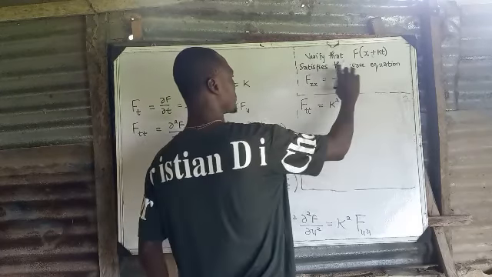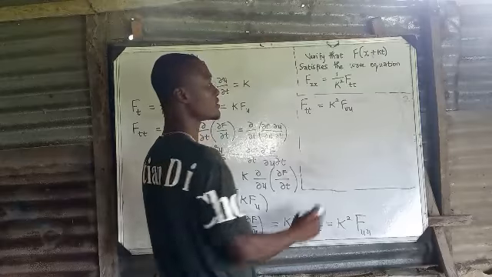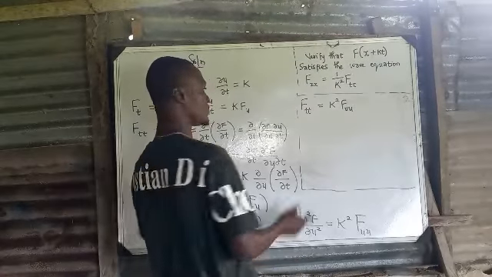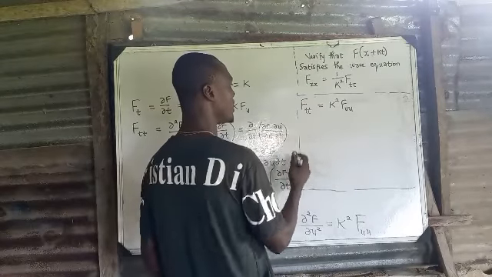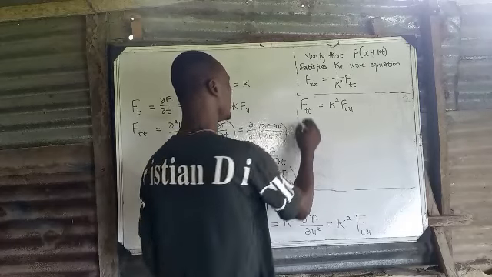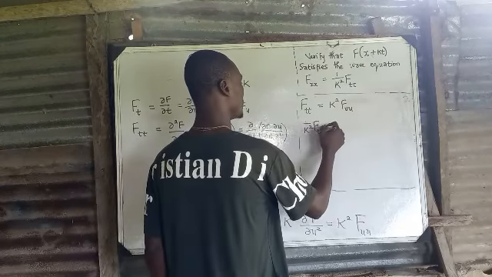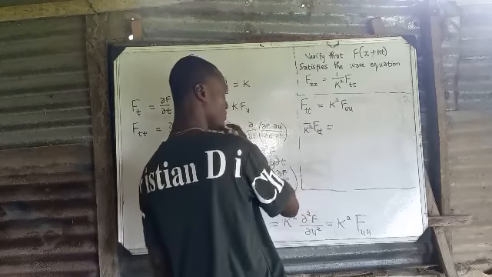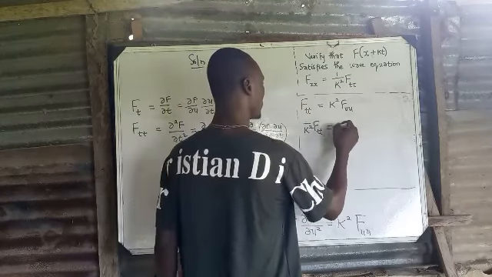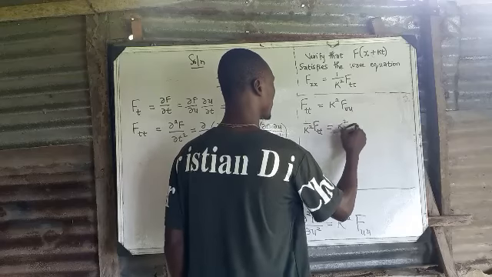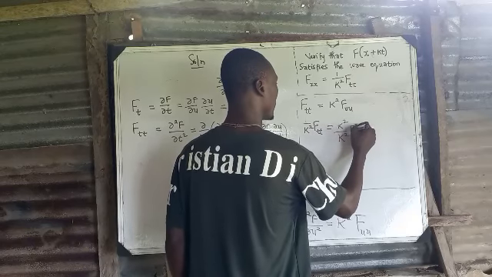But we need 1 over k square to be attached to ftt so that we get the right hand side. So we are going to multiply this side by 1 over k square. So 1 over k square ftt. Whatever I do on this side, I must do on this side too. So it will be 1 over k square, that is k square over k square fuu.